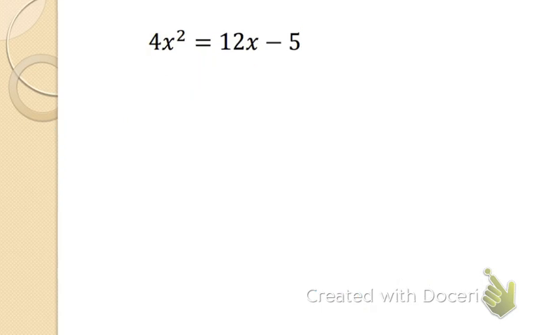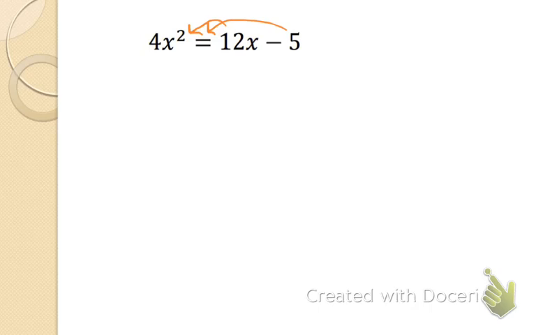Okay, next one. Again, quadratics must be equal to 0. If they're not, rearrange it so they are equal to 0. What we're going to do here is we're going to move the 12x term over to the left-hand side and the 5 term over to the left-hand side.